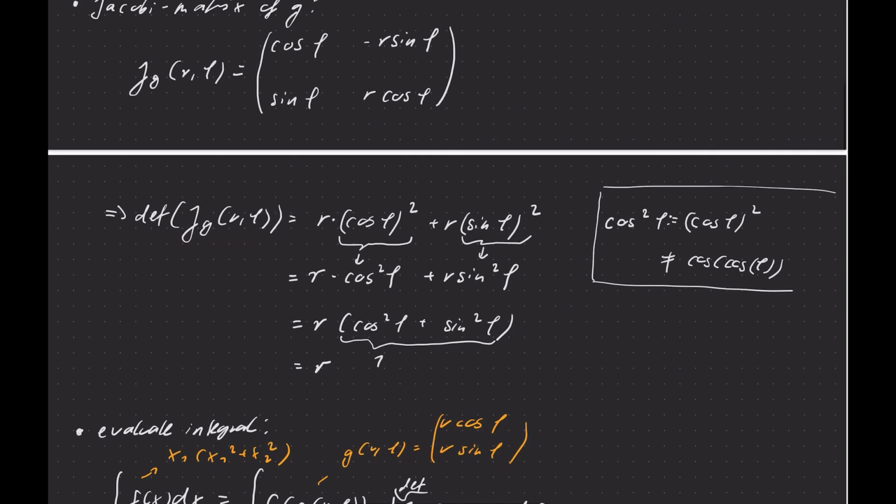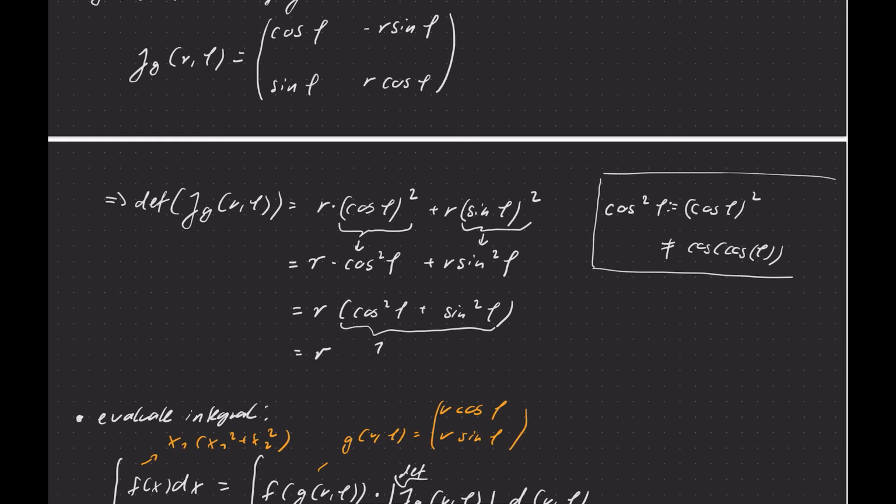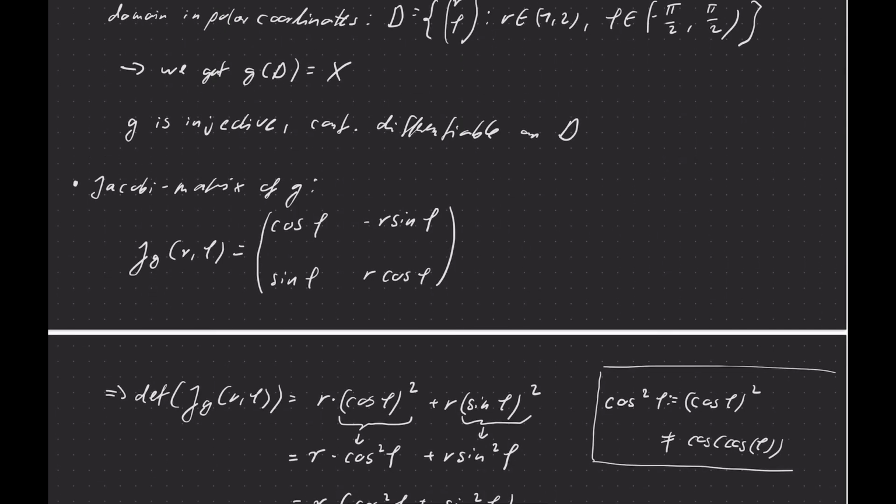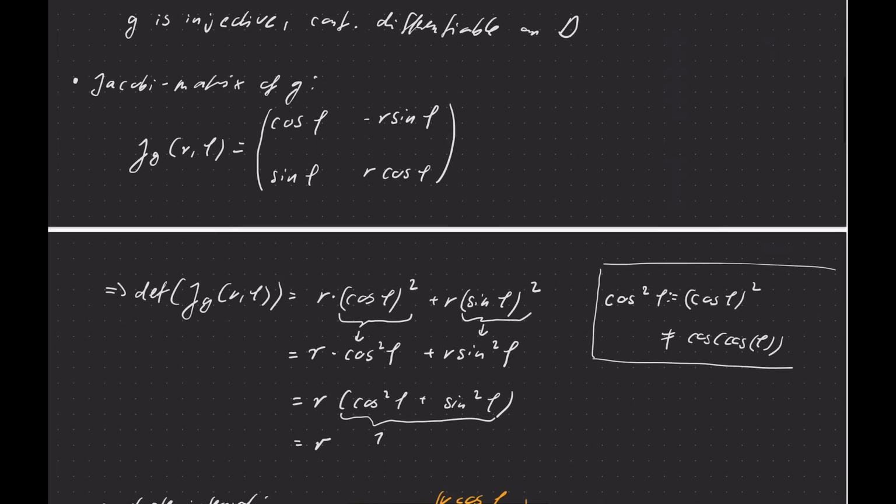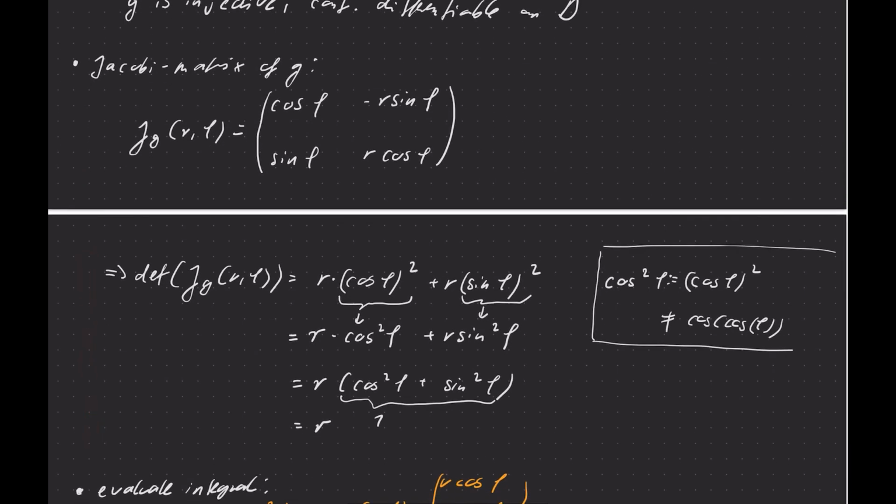Now that you know about this, whenever you use plane polar coordinates again, you already know this determinant. That is just r. And you can just use that knowledge without doing the computations again. Those steps only have to be done once. From now on, you just substitute r whenever this term occurs, and you're good.